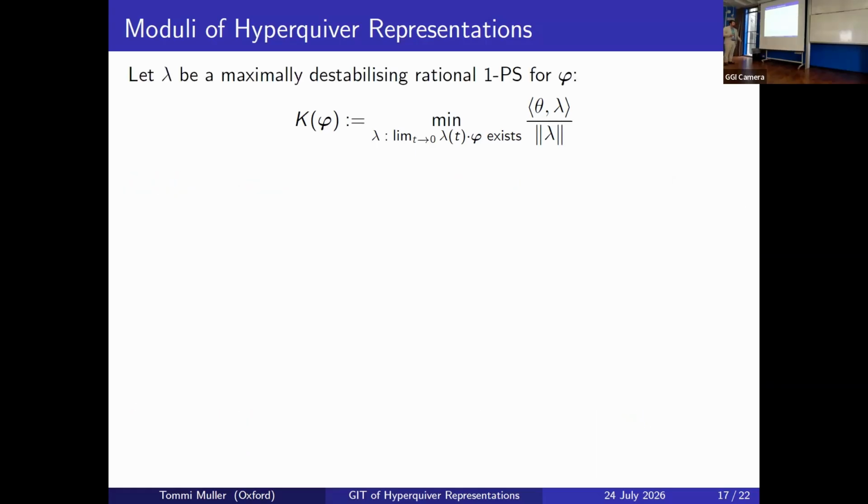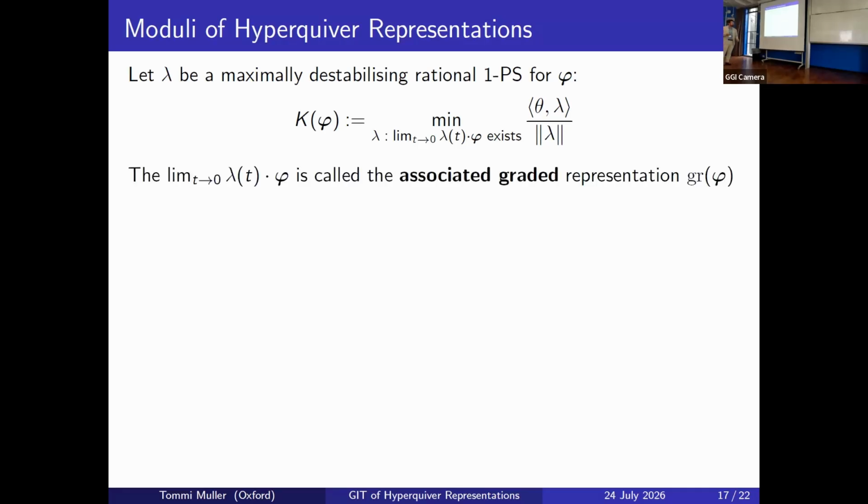If we do have a maximally destabilizing one parameter subgroup for the Kempf function, then we can watch what happens as phi, the representation phi, is sent to the limit under this maximally destabilizing group.